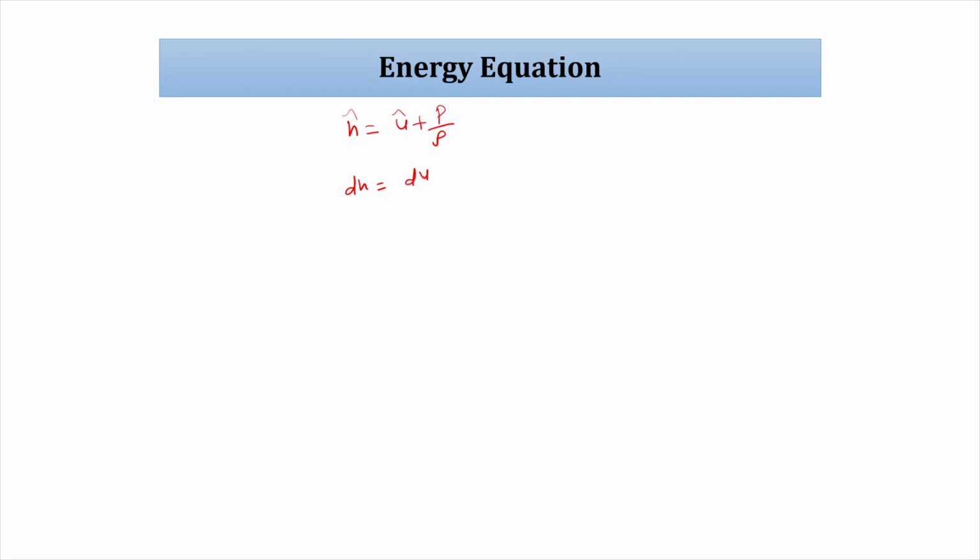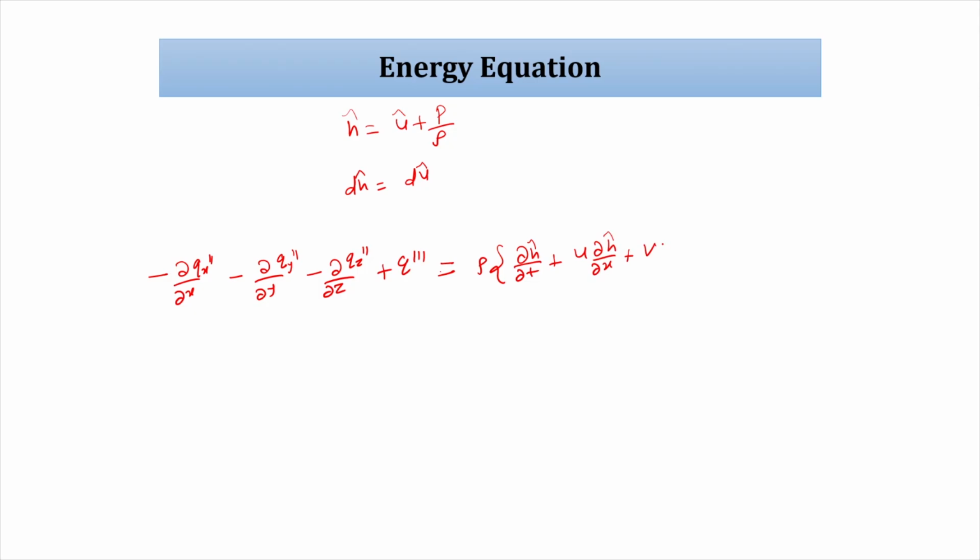So the left hand side is minus del by del x q x double dash, minus del by del y q y double dash, minus del by del z q z double dash, plus q triple dash, equal to rho dh by dt plus u dh by dx plus v dh by dy plus w dh by dz.